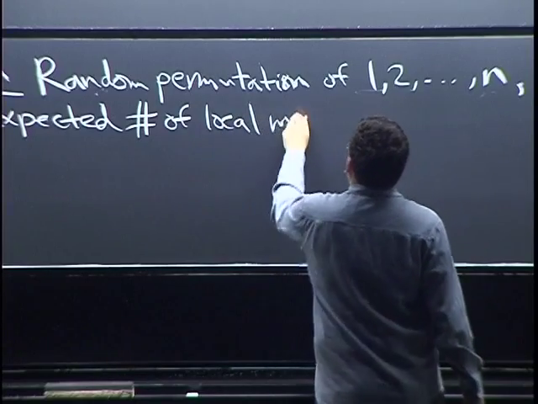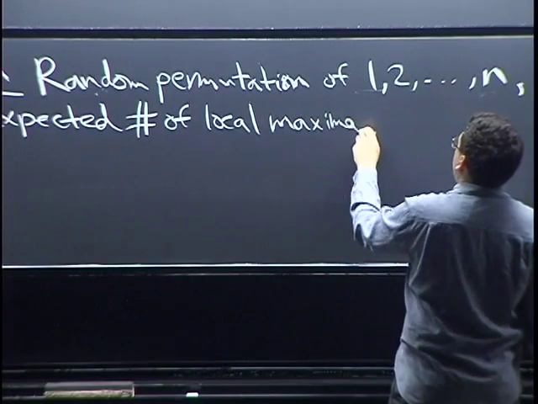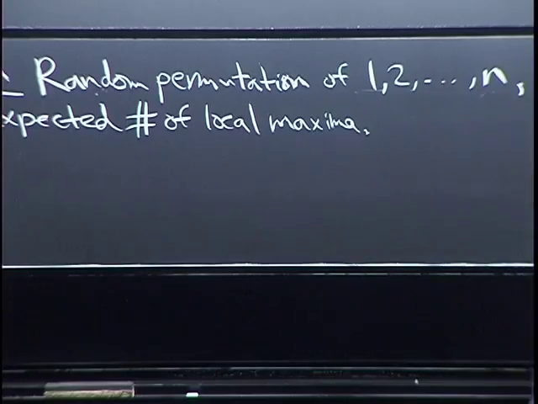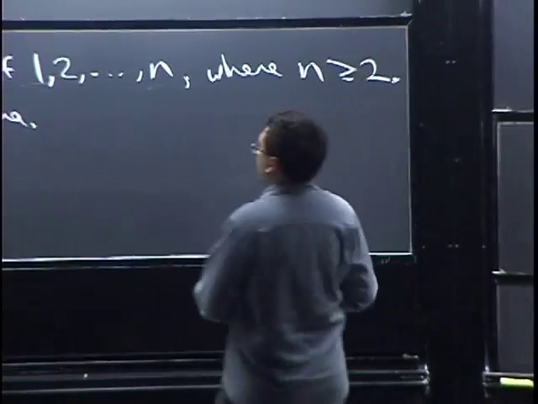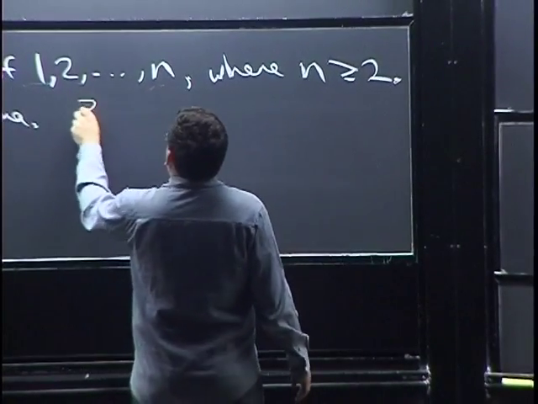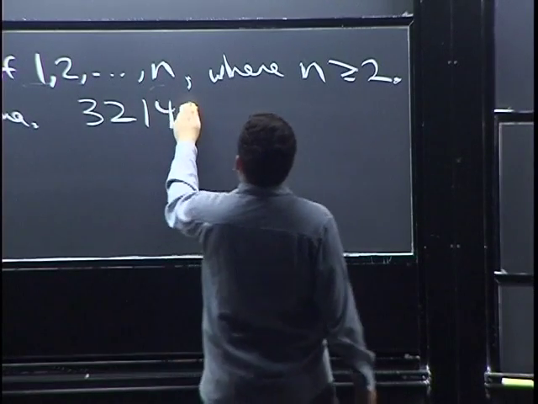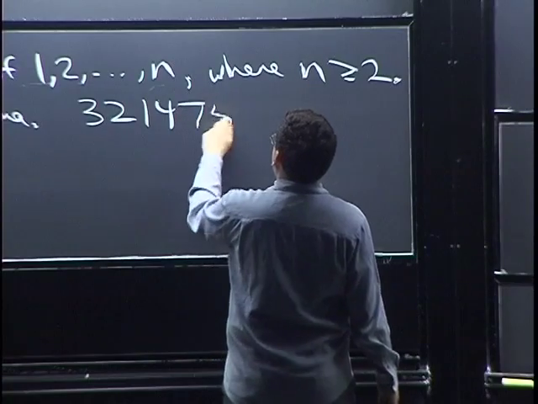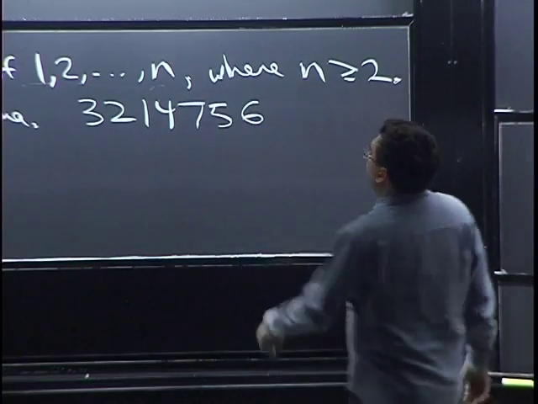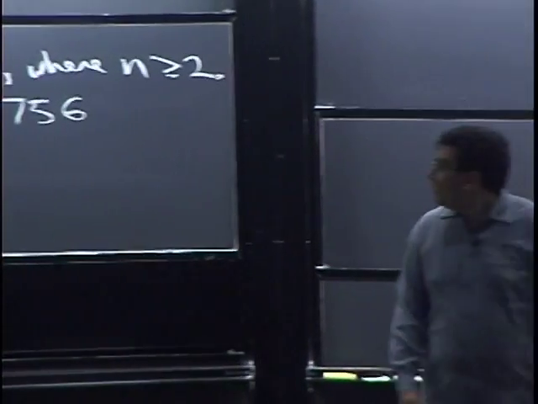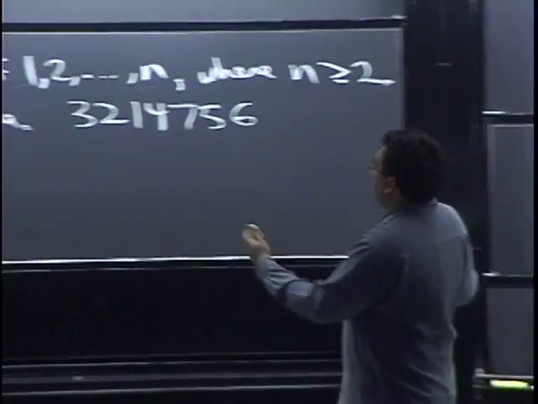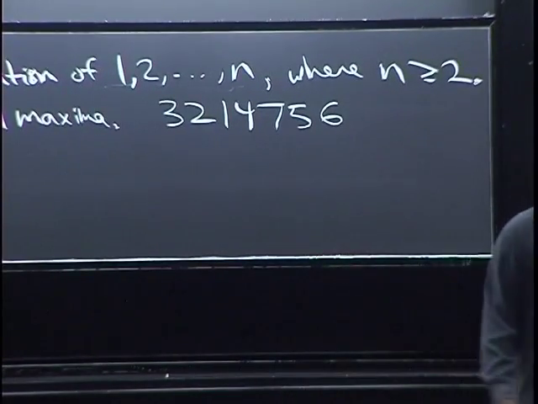It's easiest to explain what a local maximum is by making up an example. So I'll just permute some numbers. Let's say we had 3, 2, 1, 4, 7, 5, 6. That's a permutation of 1 through 7.